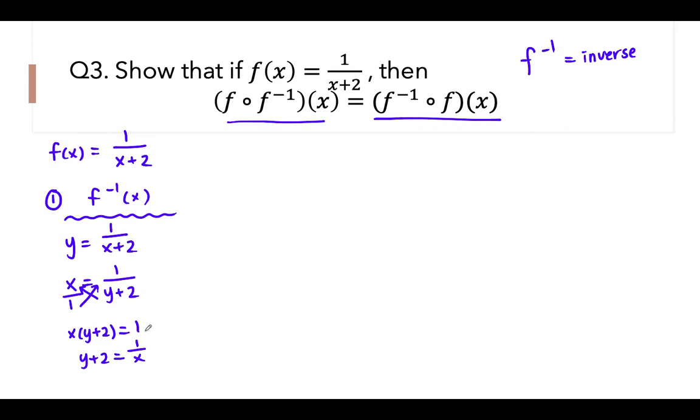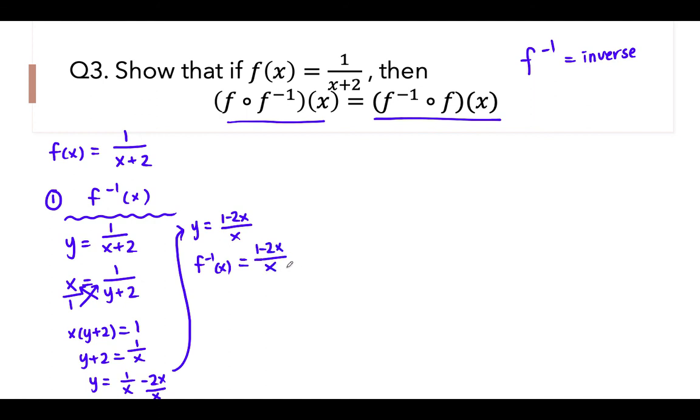I'm going to move x to the other side, and then y is equal to 1 over x minus 2. I don't like this form, so I'm going to make the same denominator. I multiply this by x and this by x. Therefore, y is equal to 1 minus 2x over x. So I could say f inverse, replaced back, is 1 minus 2x over x.